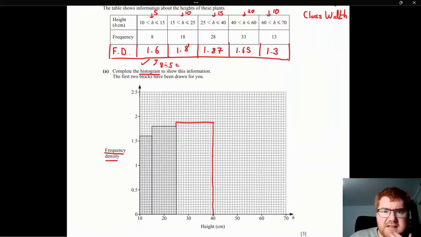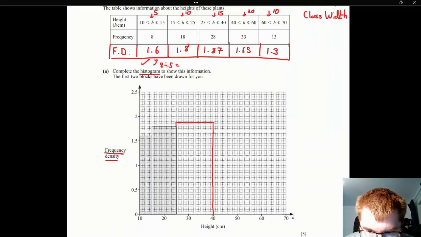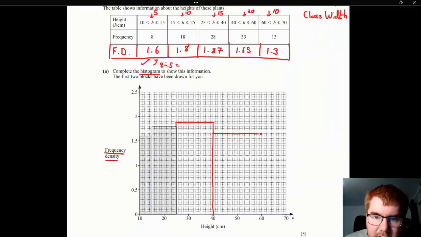Then we've got 1.65. Okay, so this was 1.6, so it's just one up from here. And we're going across as far as 60. Try not to get dizzy when looking at this, so we'll go across like this. Yep, and down here, just double checking, making sure you use a ruler.